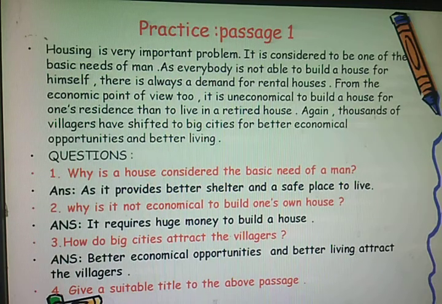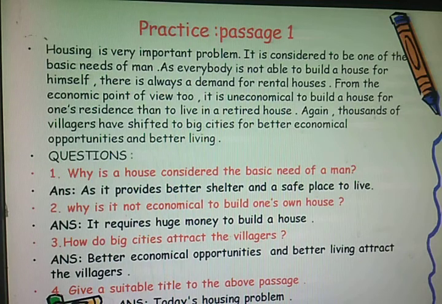Your time is up. Check the answers. The answer could be Today's Housing Problem. Now, if you have written a related word or phrase as the title, your answer is correct. My dear students, so far, so good.